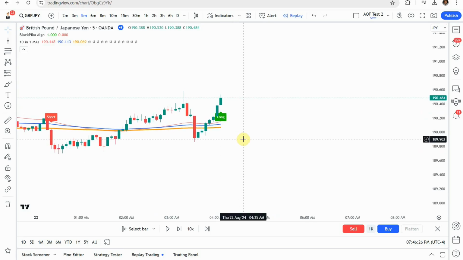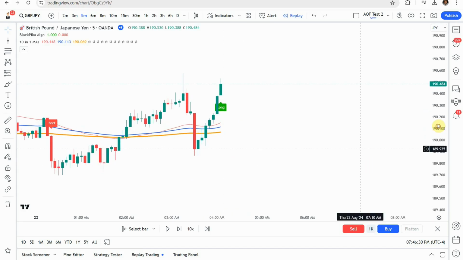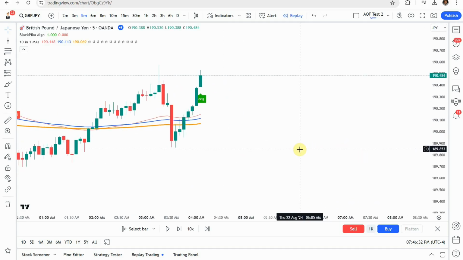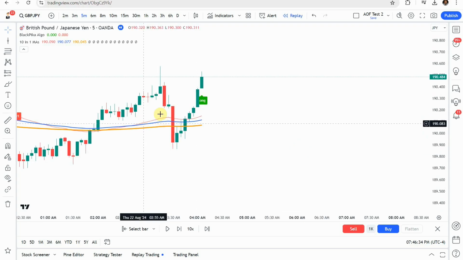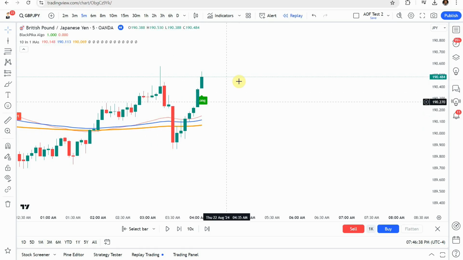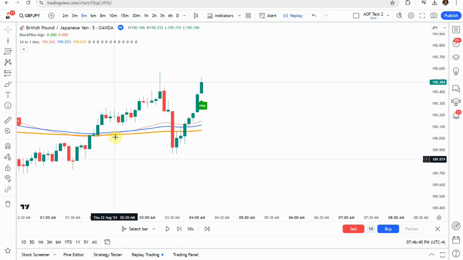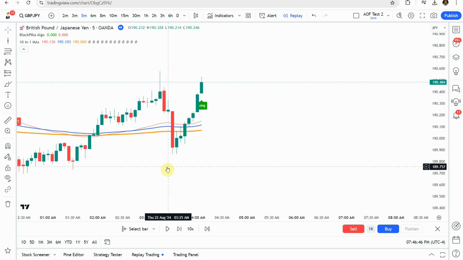And what we're looking for in a long trade, for example, is when the moving averages stack up in a bullish type setup, a long type setup. And so what that means is that the 200 period is on bottom, then the 100 period, then the 50 period on top.